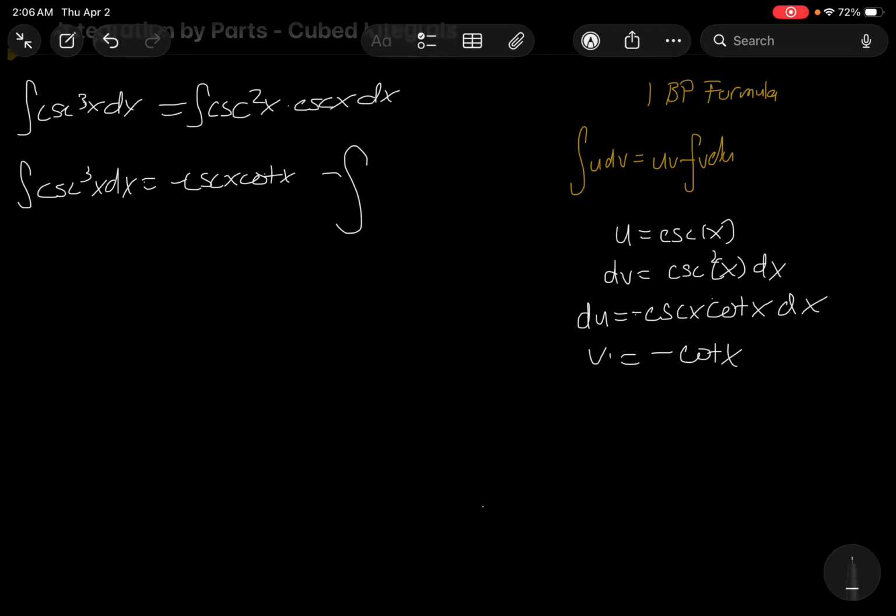So it's going to be negative cotangent of x times negative cosecant of x cotangent of x dx. These negatives will cancel out. Let's simplify that.